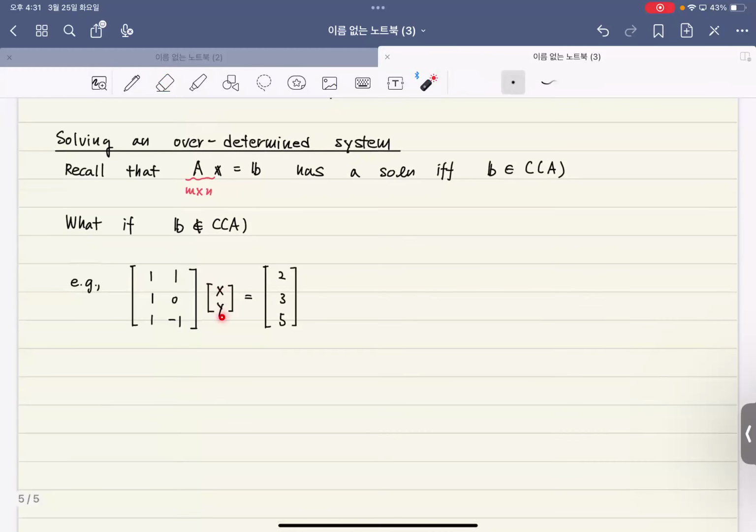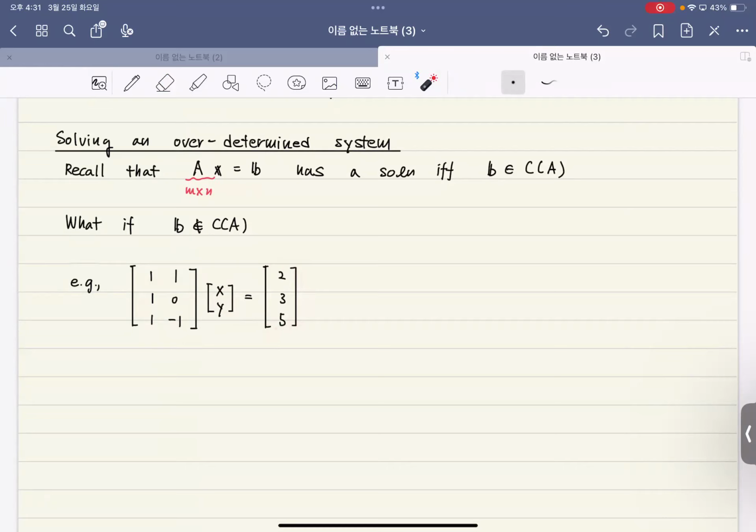Something like this: I have two unknowns and three equations. Clearly, this is an over-determined system. And if you spend enough time and effort solving this equation, you will realize that there is no solution, just because this vector is not a member of the column space.